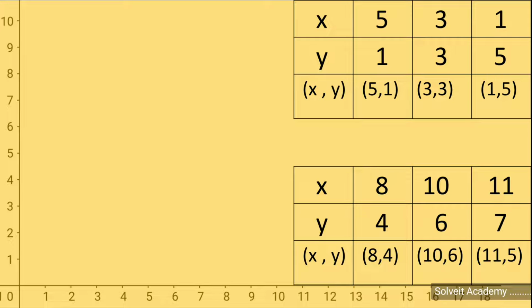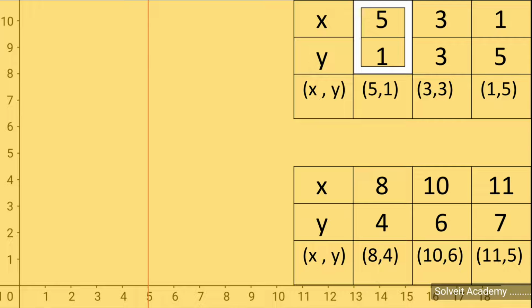Now in case of the first table, for x equal to 5, the y is 1. It means that we can draw a point on the graph paper whose x value is 5 and y value is 1. How? Let's see. As x equal to 5, a line will cut the x-axis at the point of 5.